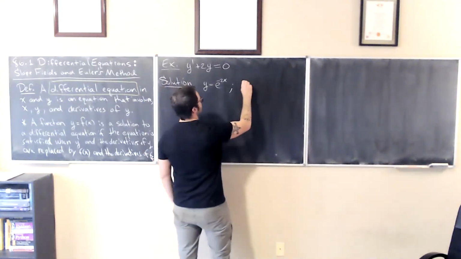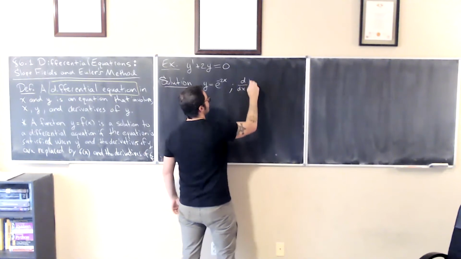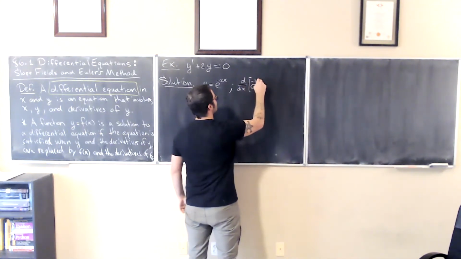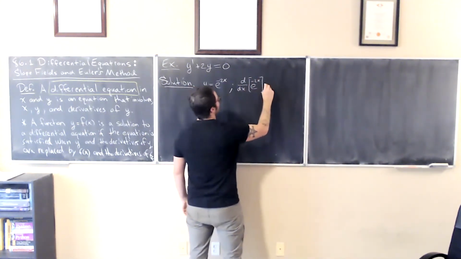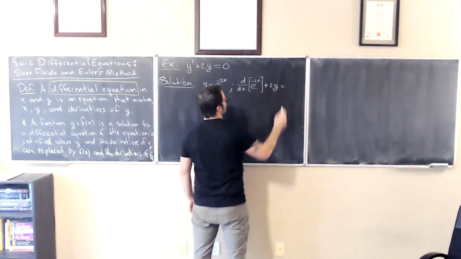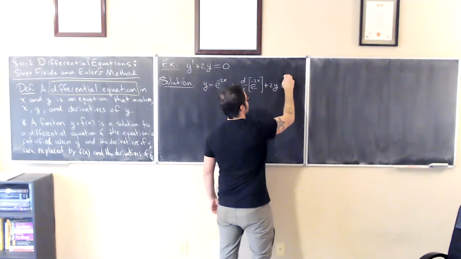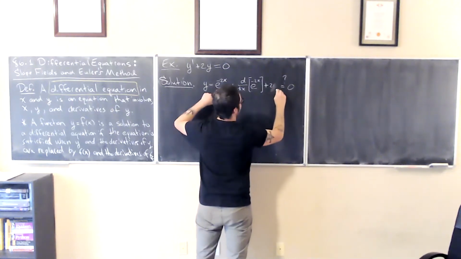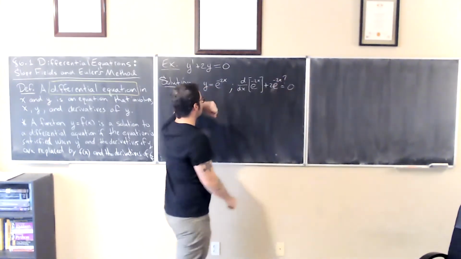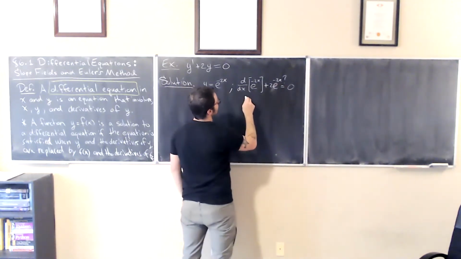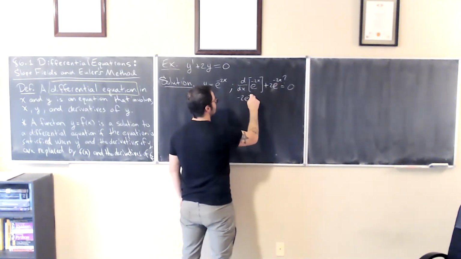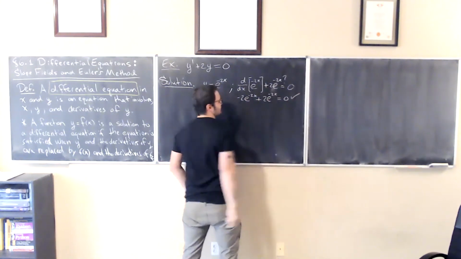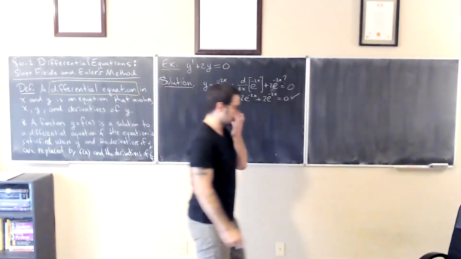Well, if I replace y prime by the derivative with respect to x of y, plus 2y, does that equal 0? I need to replace y by what it is, e to the negative 2x. So then the derivative here is going to be negative 2e to the negative 2x plus 2e to the negative 2x. And that does equal 0, so that is a solution to that differential equation.